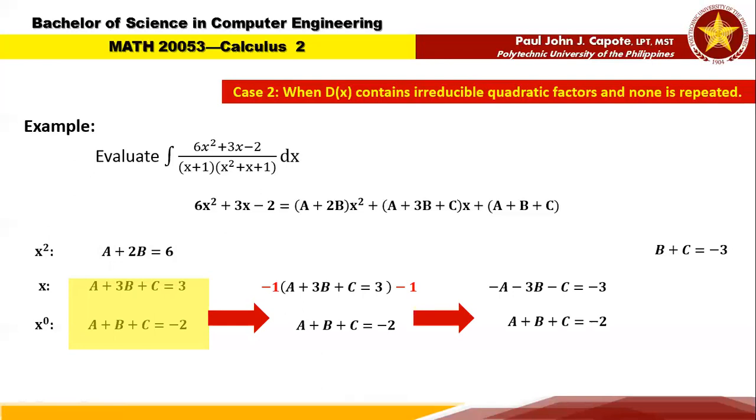And then I'll add this derived second equation to the third equation. By the way, this -A minus 3B minus C equals -3 is still the same with the original equation A plus 3B plus C equals 3. Because the equation remains true even if you multiply any real number to each term of the equation.